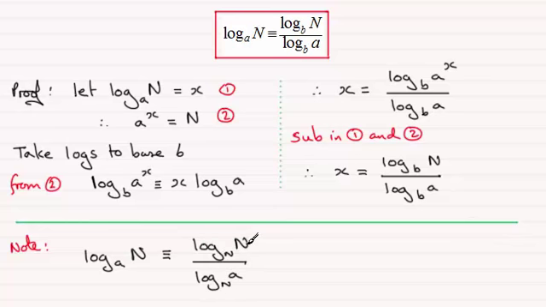Now the log of n in base n is 1. So we end up with 1 divided by the log in base n of a. And that's because, since the log of n in base n equals 1.